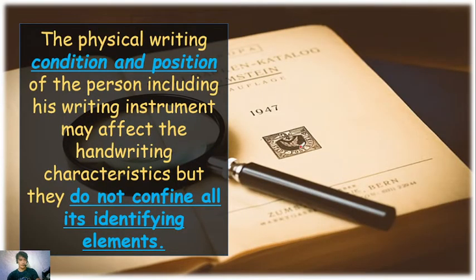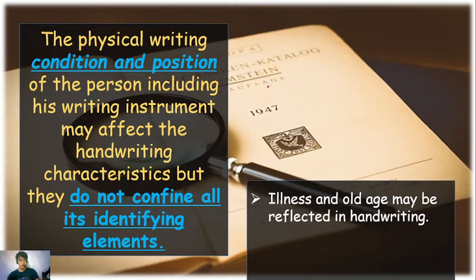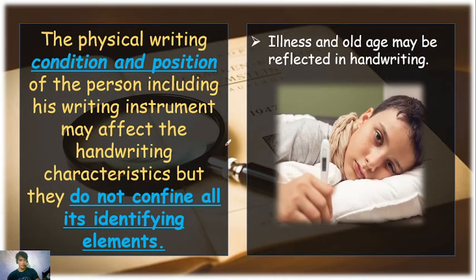And now we have here: the physical writing condition and position of the person, including his writing instrument, may affect the writing characteristics, but they do not confine all the identifying elements. Meron tayo dito physical writing conditions, it could be the positions on how we write the letters that we created.